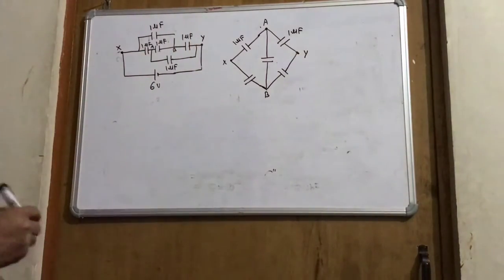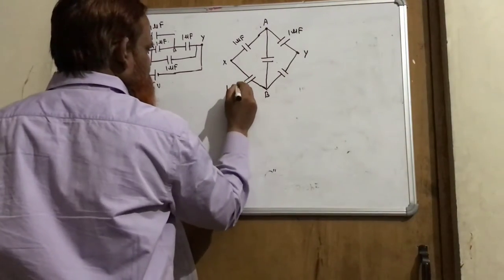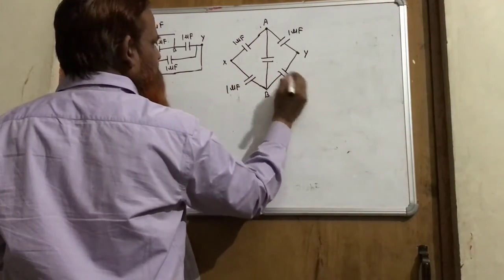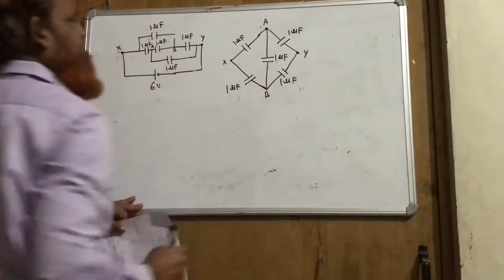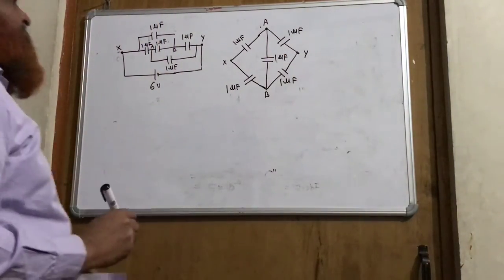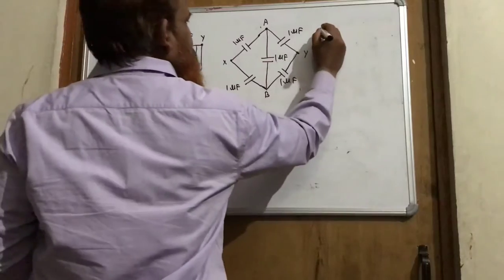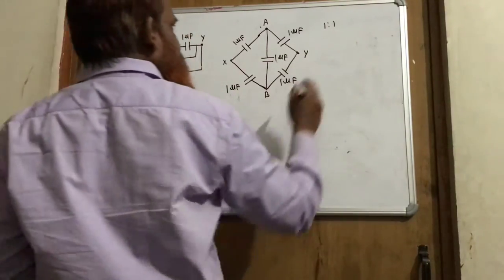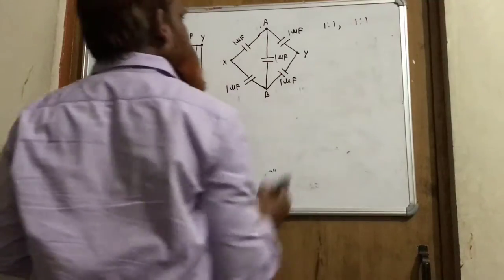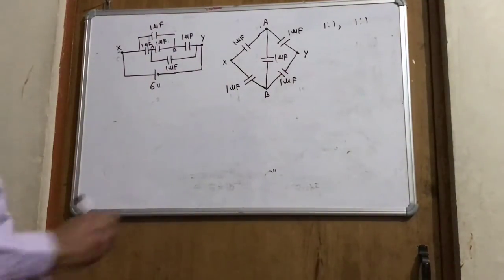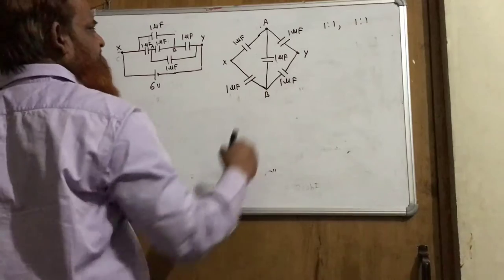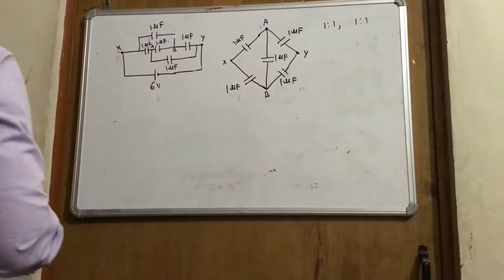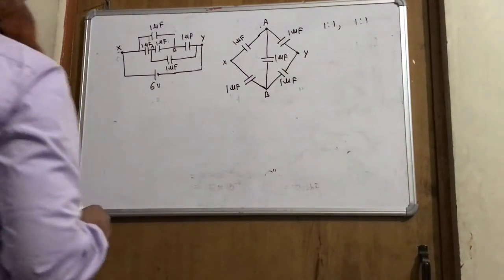So its simple diagram will form in this way. Because the ratio in the arms XA and AY is 1:1, and similarly in XB and BY again 1:1, it means in this arm no charge will pass. It is a balanced bridge.